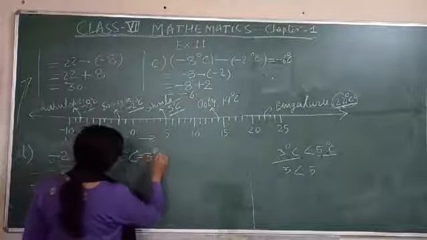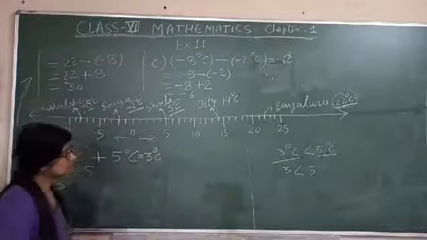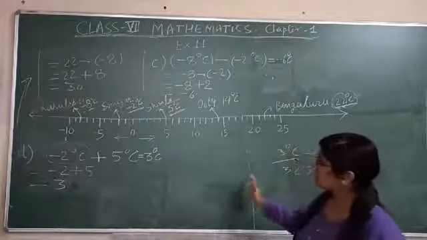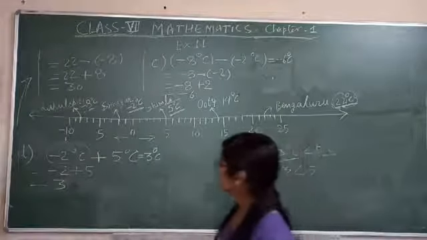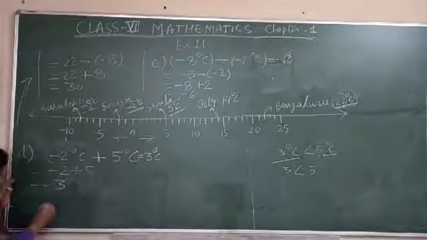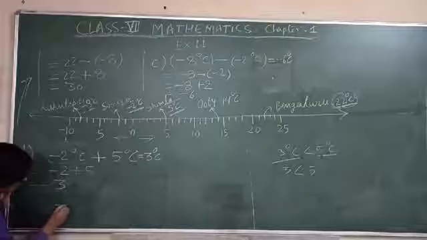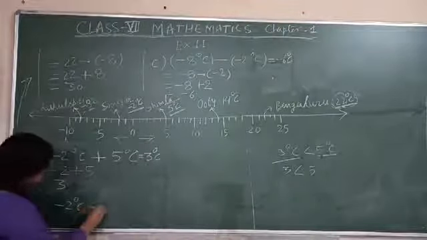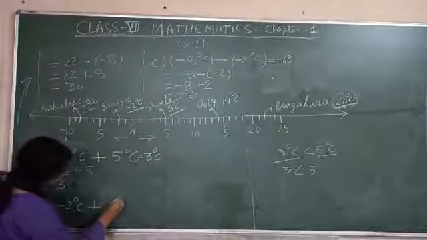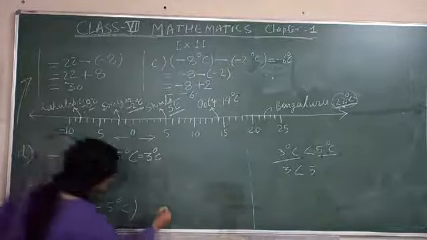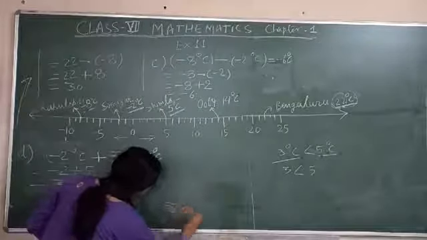So, like this way, you have to note this question. Or if you want to write it in terms of a statement, it can be like this: -2 degrees Celsius plus 5 degrees Celsius, and here only 5 degrees Celsius.